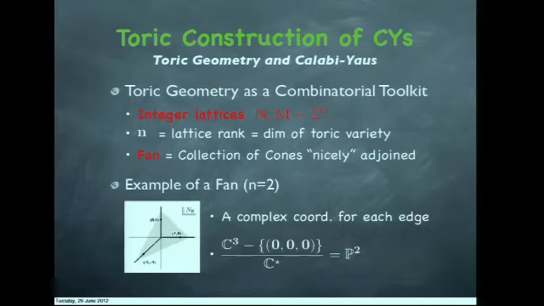So what we do is we associate a complex coordinate to each of these three edges, and it turns out that these three complex coordinates just become the three homogeneous coordinates of P2. So in other words, drawing this toric diagram is equivalent to giving this identification rule for P2. So this is already a nice combinatorial picture of P2.